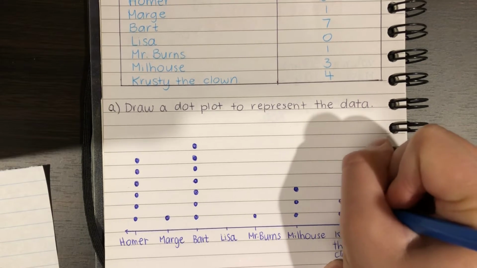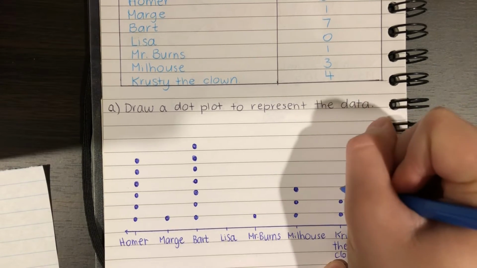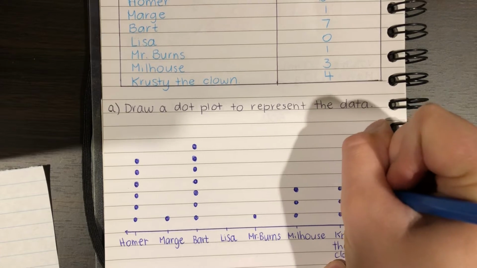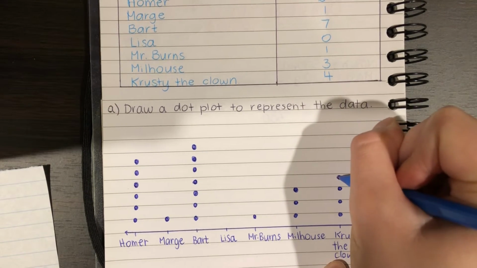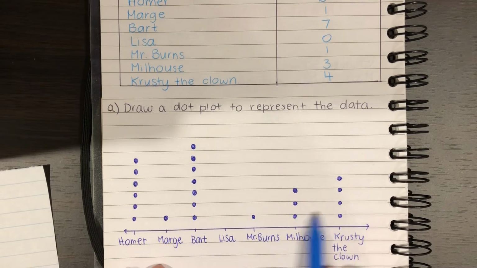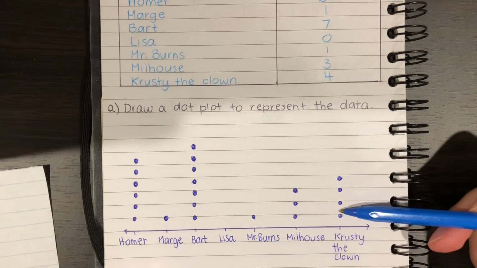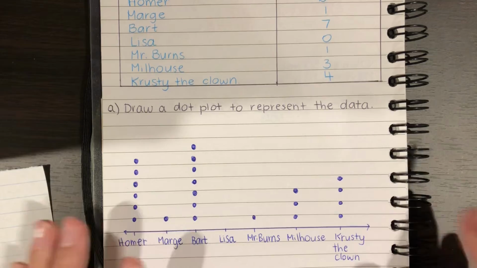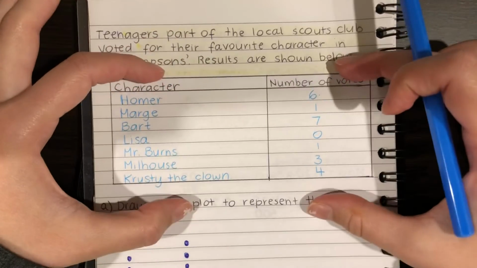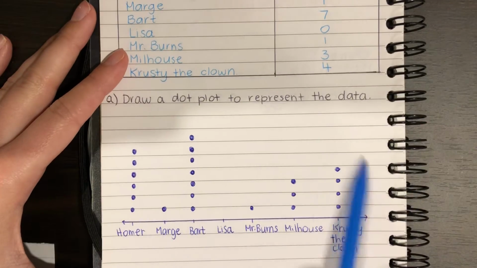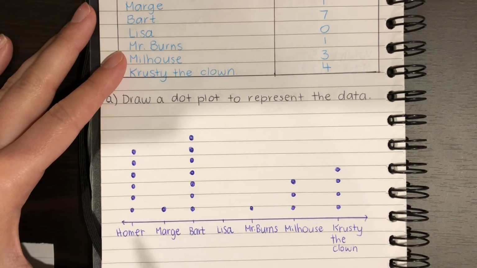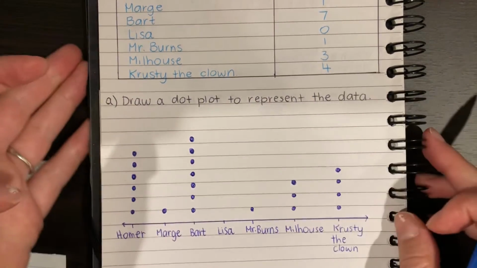So 4 people from the Scouts Club said that Krusty the Clown was their favourite Simpsons character. Okay, so all my dots are the same size, they're all spaced out the same amount, and whatever I see in this table here, I have drawn in a dot plot. Now the only thing that's missing is a title.